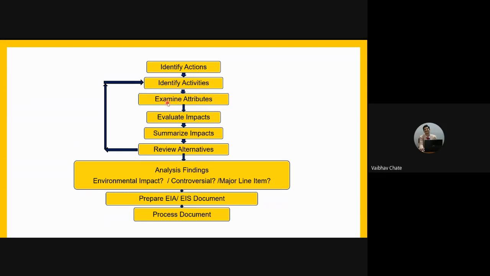That means we need to check what is the quality of air in terms of sulfur dioxide, in terms of oxides of nitrogen, in terms of carbon dioxide. So you are going to document the existing air quality levels.